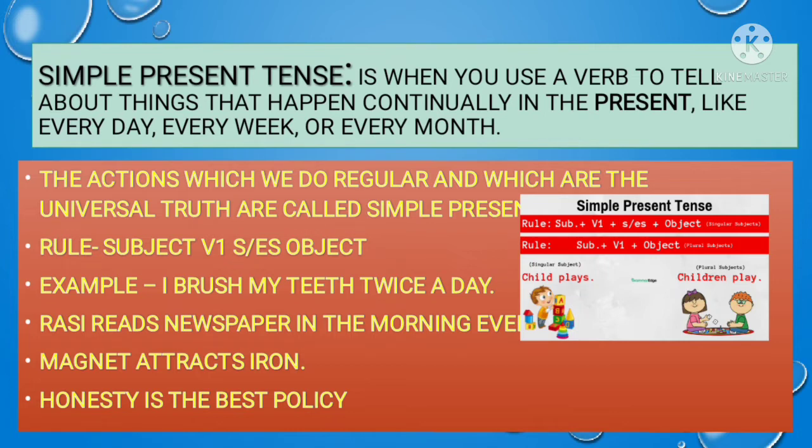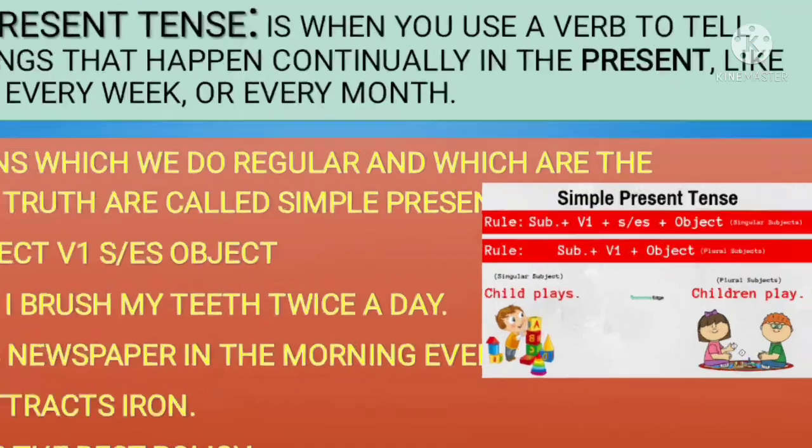Especially for simple present tense, it is used for actions which we do regularly and for universal truths. Universal truths or scientific facts use the simple present tense. The form is subject plus V1. V1 means the present form of the verb is used in simple present tense.